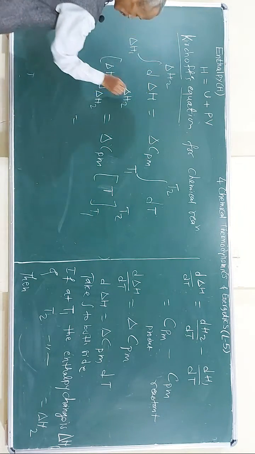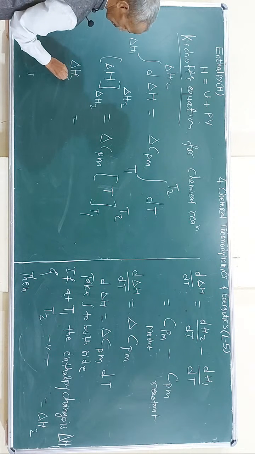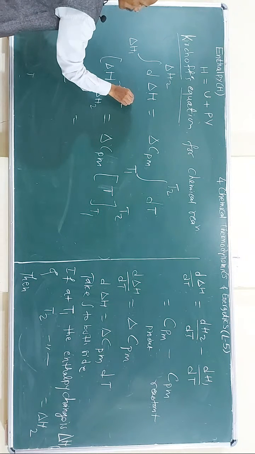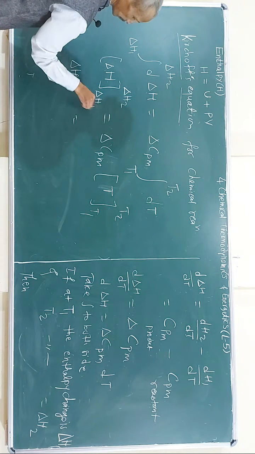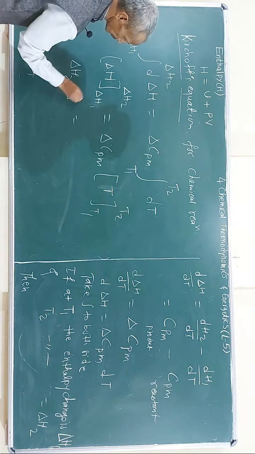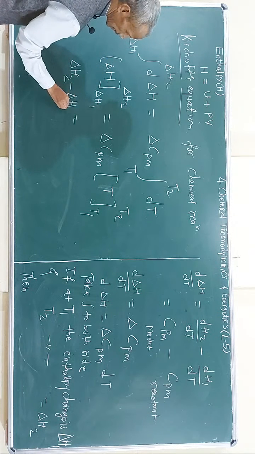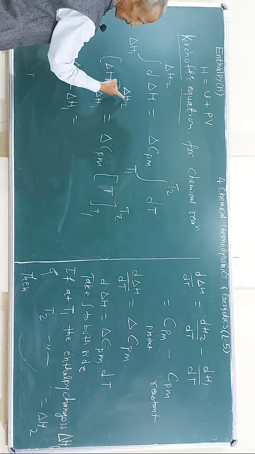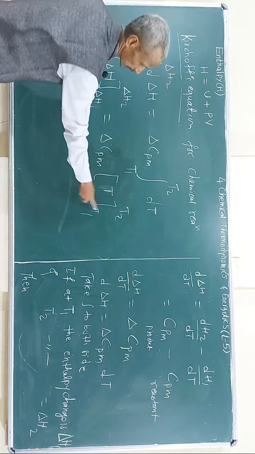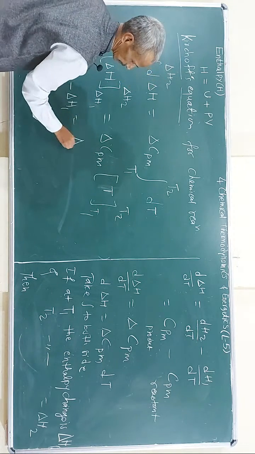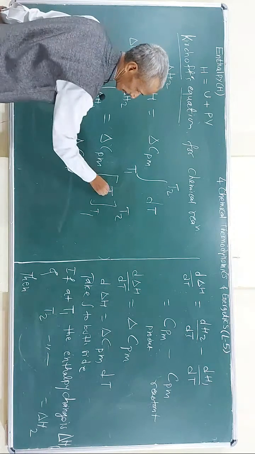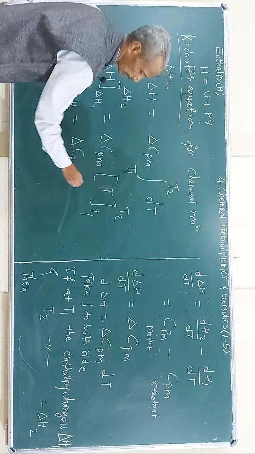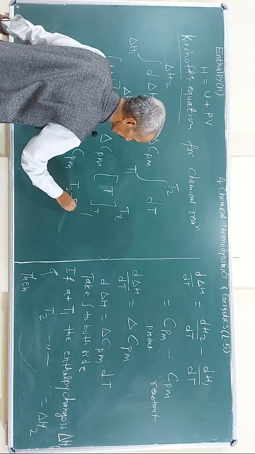Substituting, delta H2 minus delta H1 equals delta Cp,m times (T2 minus T1). These are the values of the heat of reaction at the given temperatures T1 and T2.